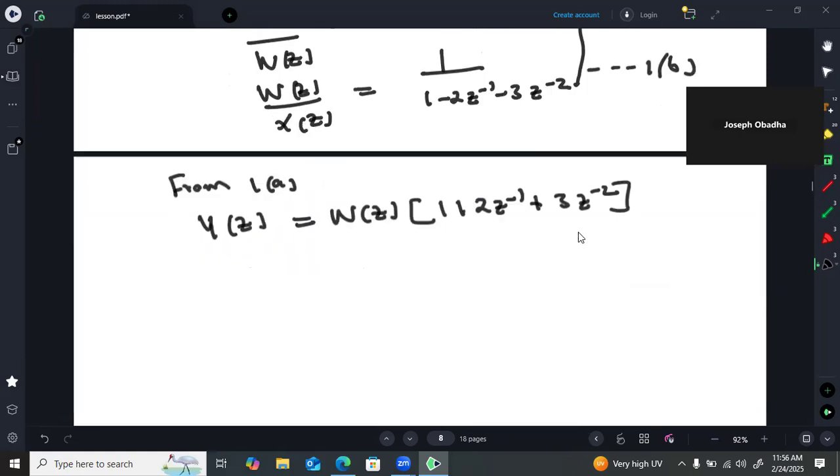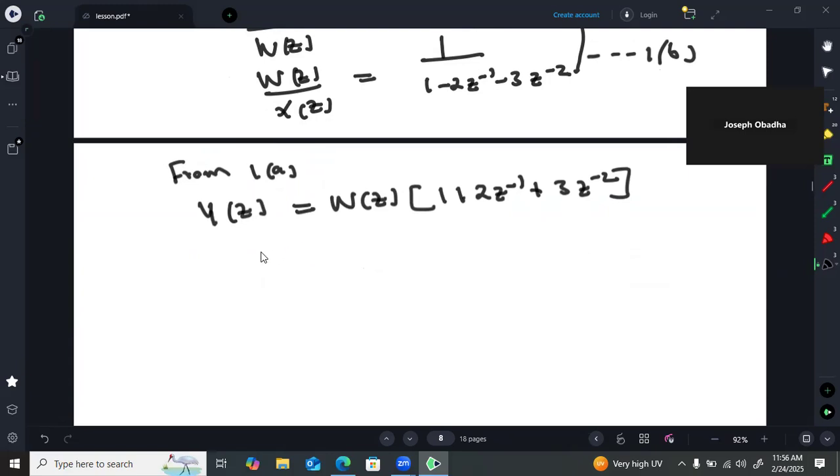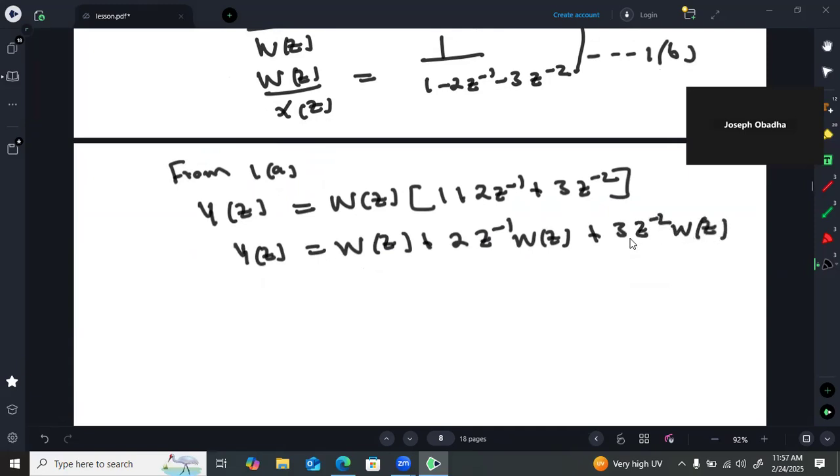Or simply we have Y of z equal to W of z plus 2z negative 1 W of z plus 3z negative 2 W of z. Then I need to come back to the time domain so that I have y of n equal to w of n plus 2 w of n minus 1 plus 3 w of n minus 2.